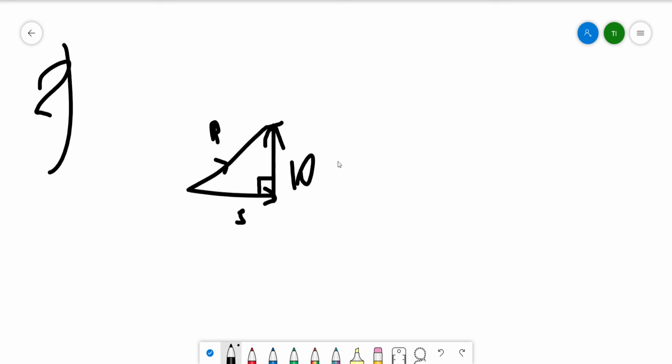You can just use the Pythagoras theorem. Yeah, c squared is equal to a squared plus b squared. And in this case, c would be the resultant force, which is 11.2, rounded to two significant figures.